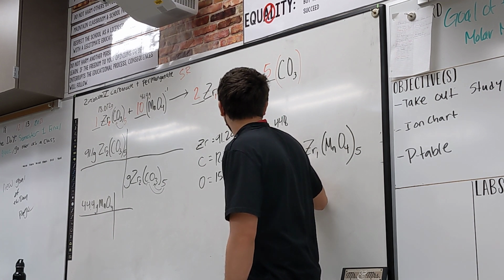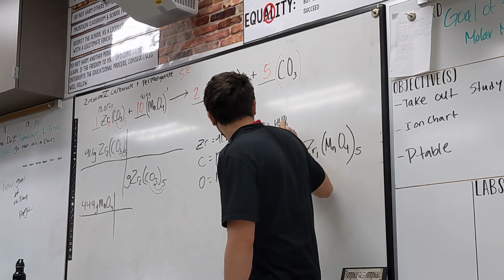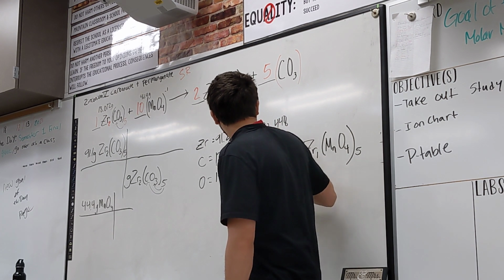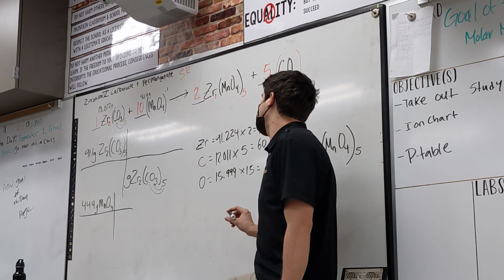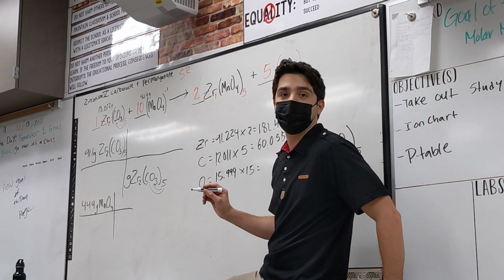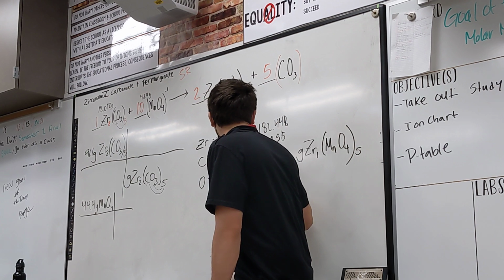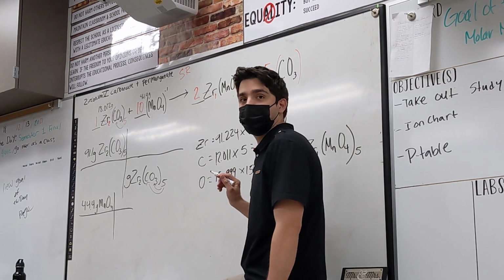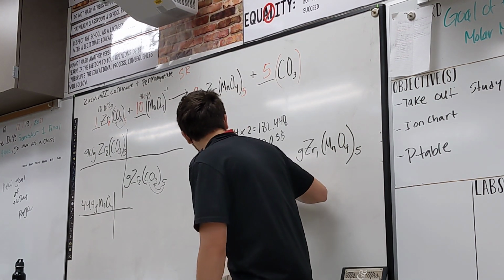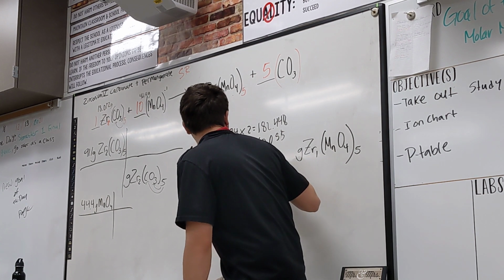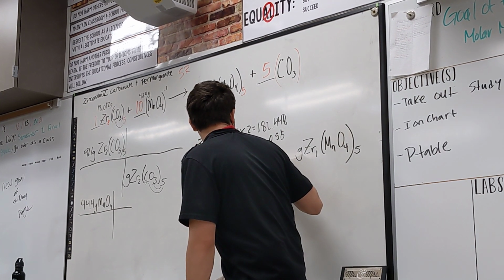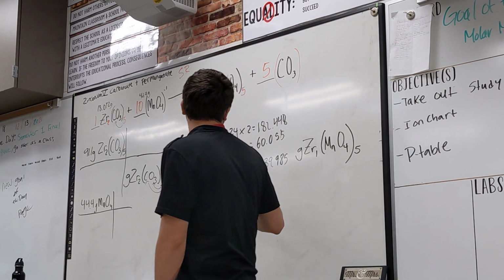All right, and then what's 15.999 times 15? 239.985.